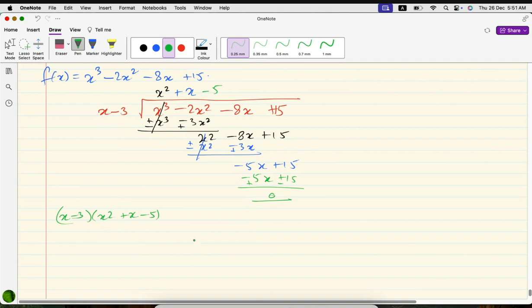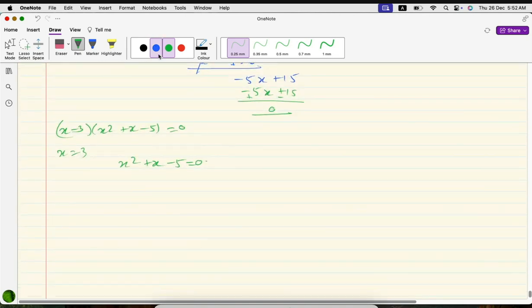Where we know the first is already known. The second is x square plus x minus 5 equal to 0. I cannot think of the factors for 1 and 5, so I'm going for the quadratic formula. Minus b plus minus square root b square minus 4ac over 2a.